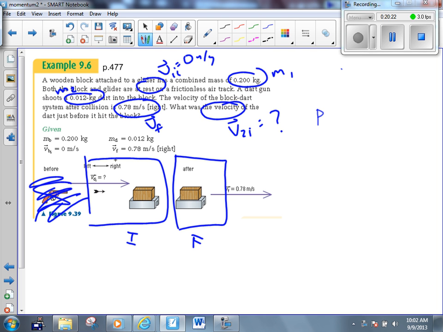All right, let's say Pi equals Pf. Now, we said that next step is going to look different depending upon the problem. That next step has an mv term for each object that we have. How many objects do we have before this collision takes place? There's a dart and there's a block, so there's two of them. It's going to be m1 v1i plus m2 v2i. There's an mv term for both objects.